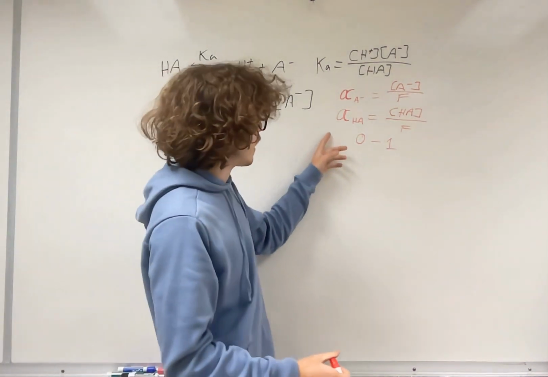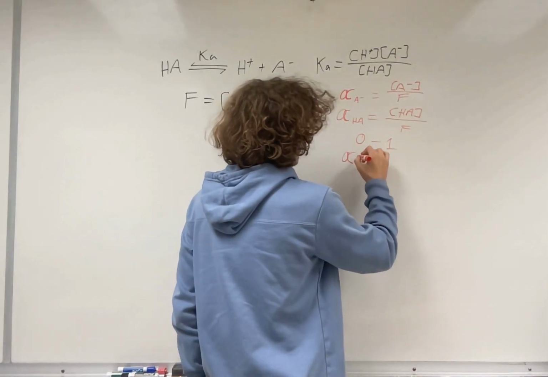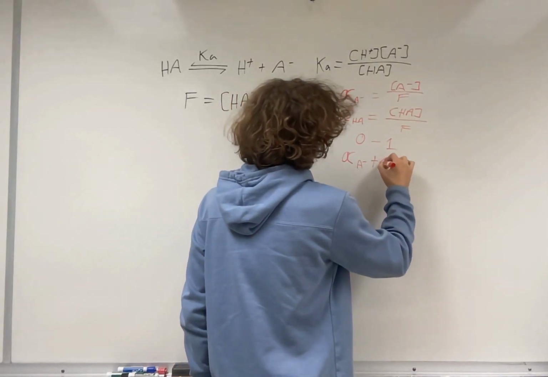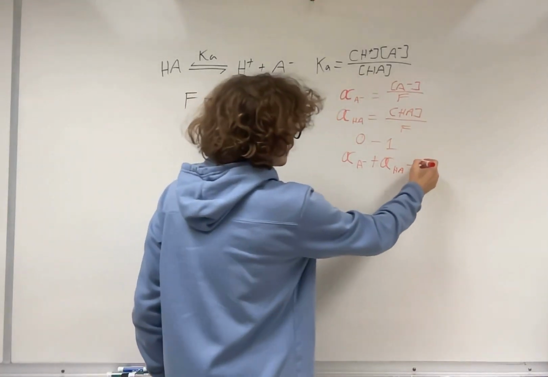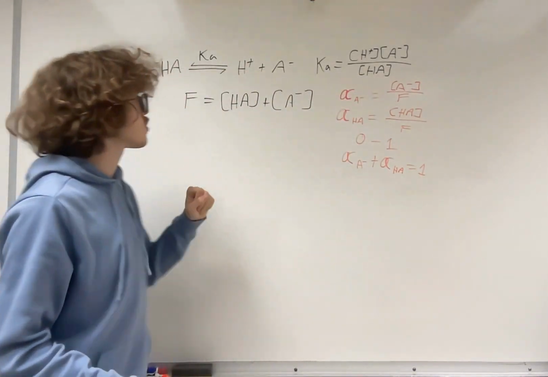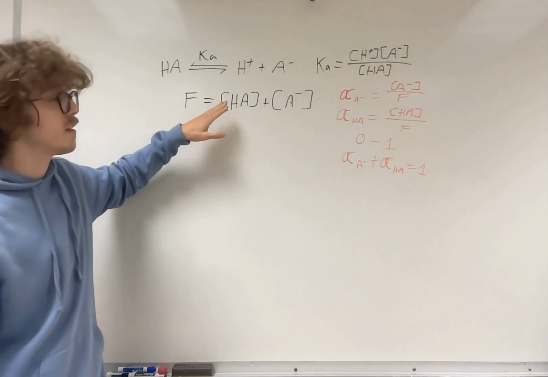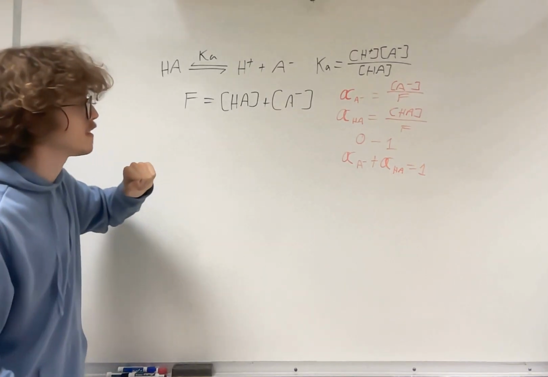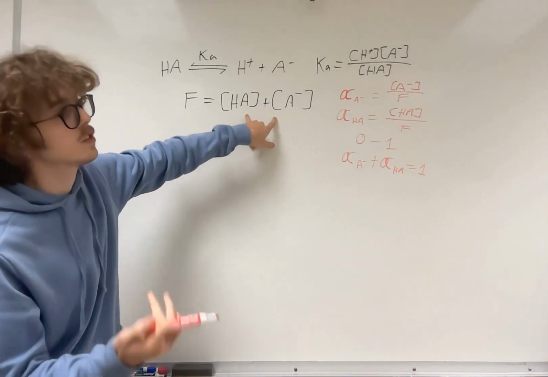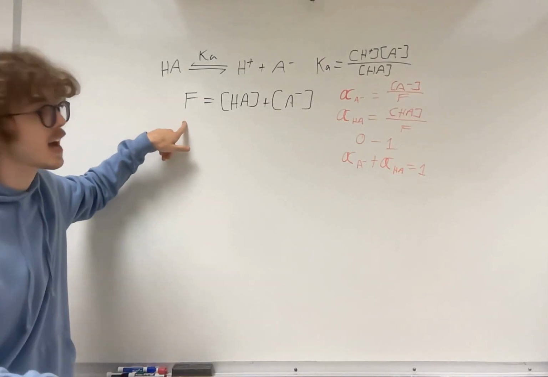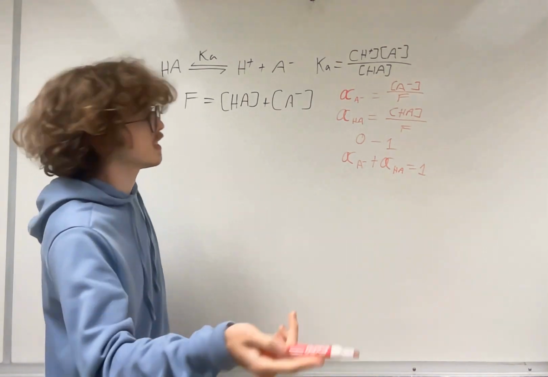And these respectively are going to be 0 through 1, but there's an important note to make: the two, when added together, will always equal 1. Because if the formal concentration is some number, and it's comprised of the acid plus the conjugate base, the magnitudes of these two will equal that when added together. So this should always equate to 1. And if it doesn't, you did something wrong.